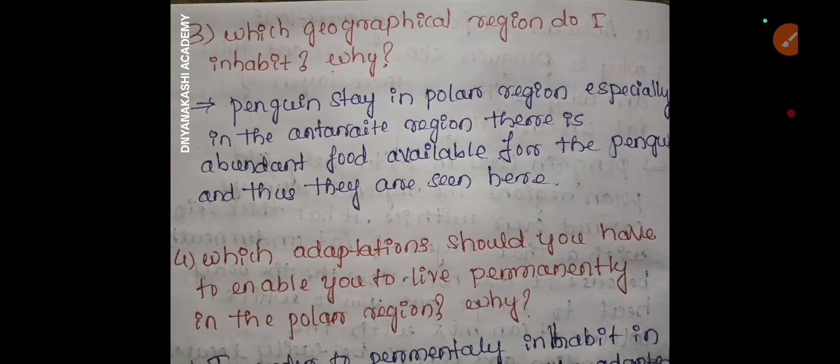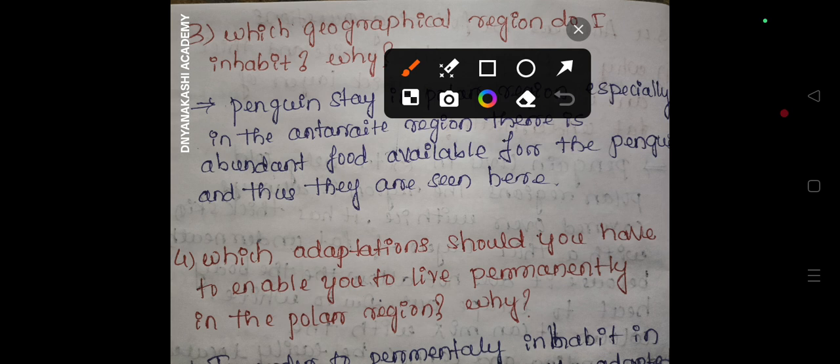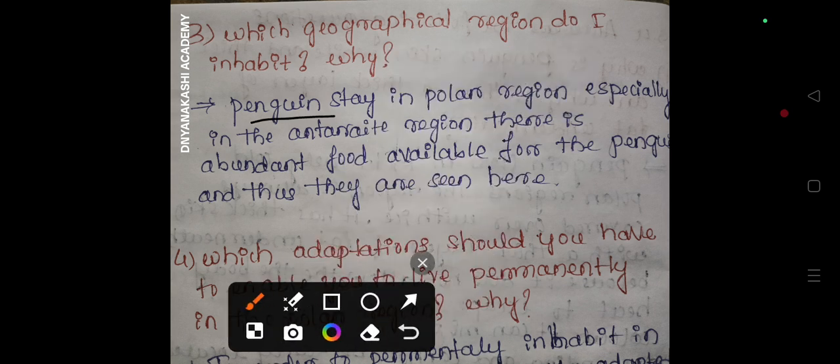Next discussion, the third question here. Which geographical region do penguins inhabit and why? The answer is like this.